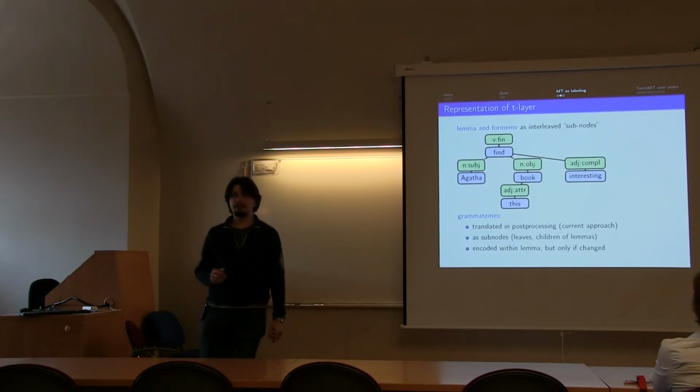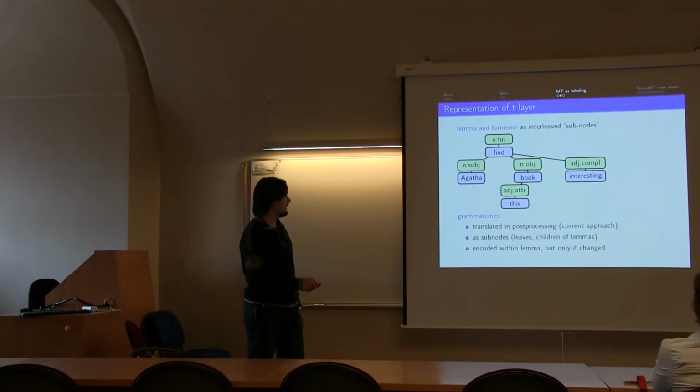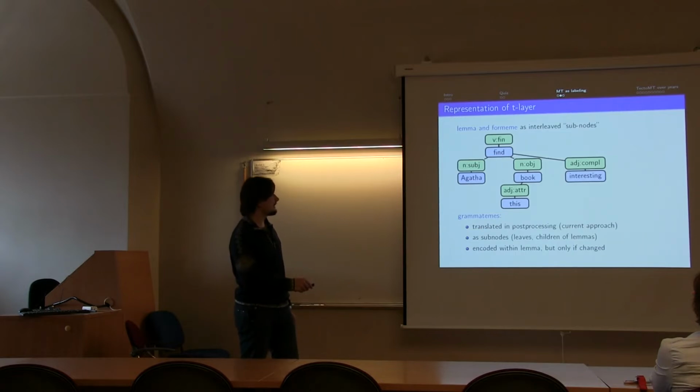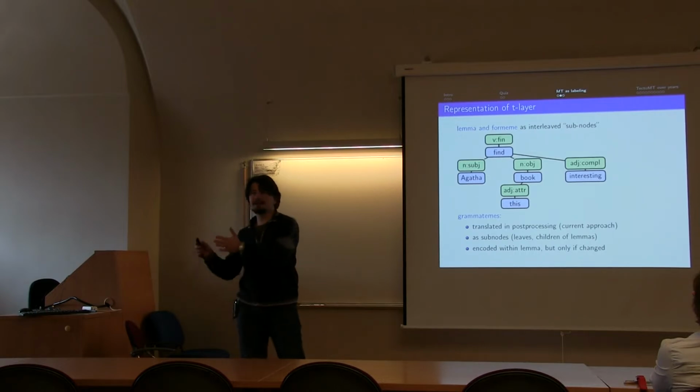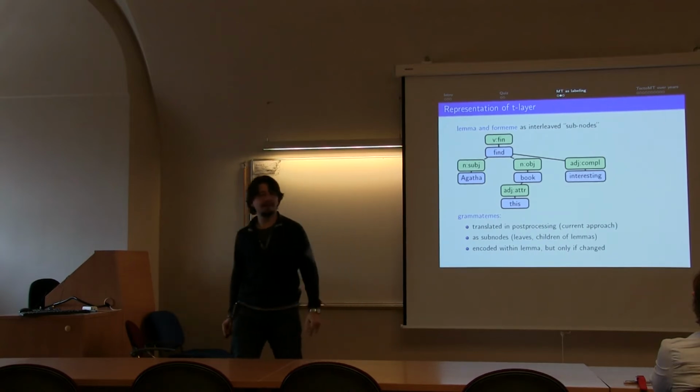So what about the grammatemes? The current approach is that grammatemes are translated in post-processing. These are rule-based blocks, which somehow know that staff should be translated as zaměstnanec, but actually it's singular in English and plural in Czech, and so on.